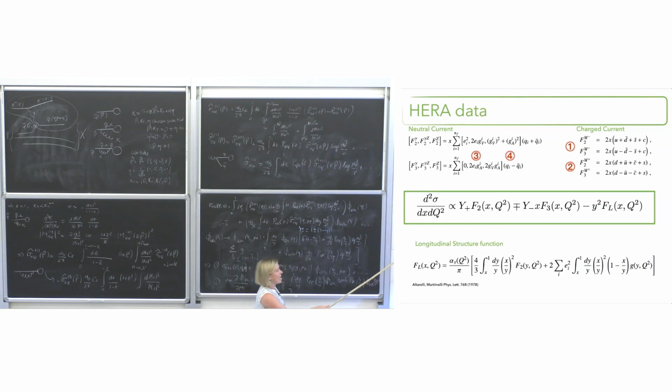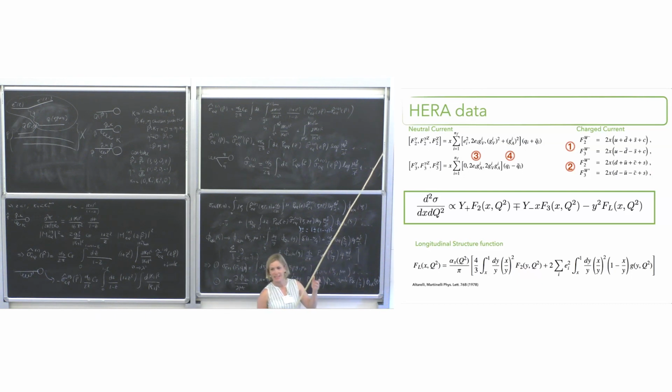And you see that playing with these three kinematic factors, you do measure different combinations of PDFs. For example, when you have a neutral current scattering, you always have combinations of q plus q bar with different couplings, depending on whether you're looking at the gamma, the interference of photon and Z, or just the Z. And for F3, you always have the combination of q minus q bar.